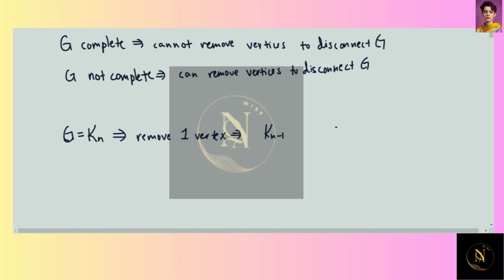So basically, if we remove j vertices, that gives us a complete graph on all n minus j remaining vertices. And so this goes on.